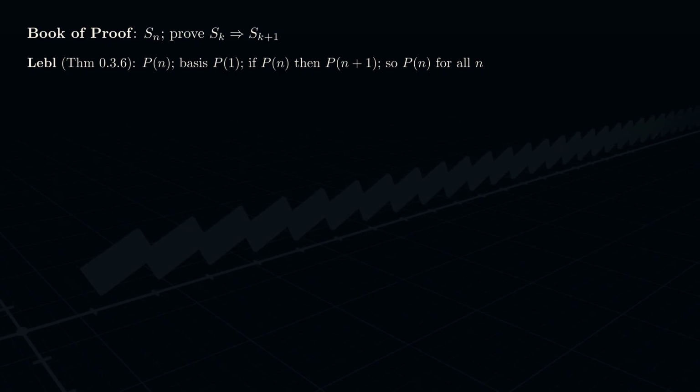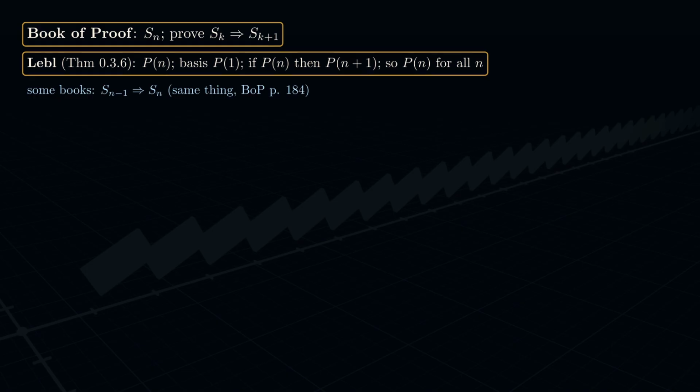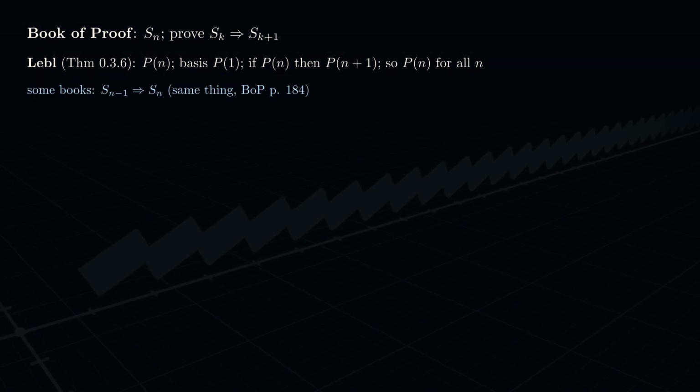If P of n is true, then P of n plus 1 is true, then P of n is true for all n. Same method, same 2 jobs, different letters. Some books prove Sn minus 1 implies Sn instead. Same thing again. Read past the letters to the 2 jobs.